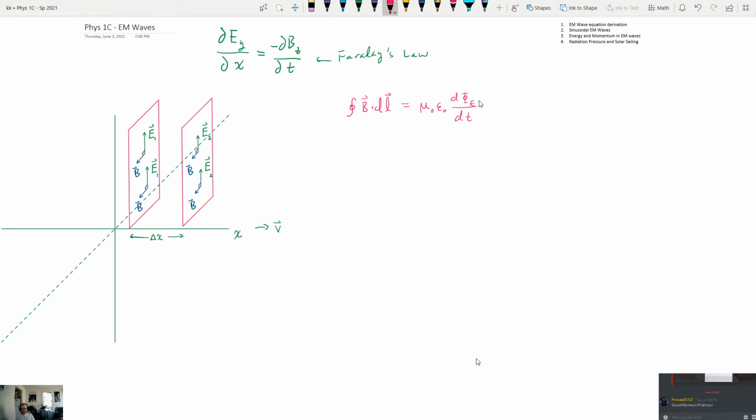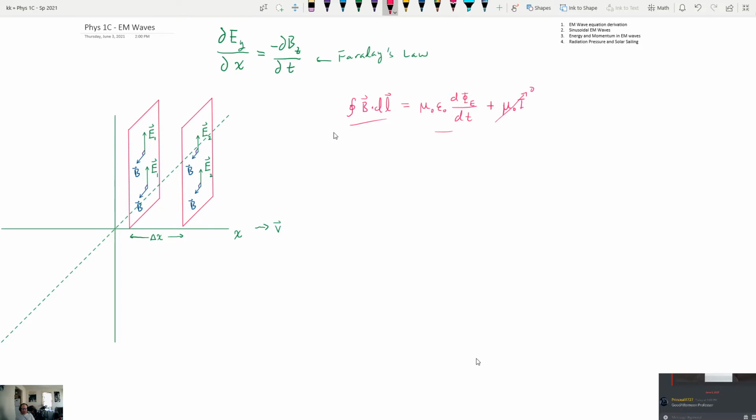And we're doing this in free space. We're looking at the solutions for Maxwell's equations in free space, which means that we're not going to have any electric charges and no electric currents. So normally you'd have another term in Ampere's law that would look like this. But we're going to say that there are no currents in this region, so we're going to make that term equal to 0. So we just need to calculate each of these quantities right here.